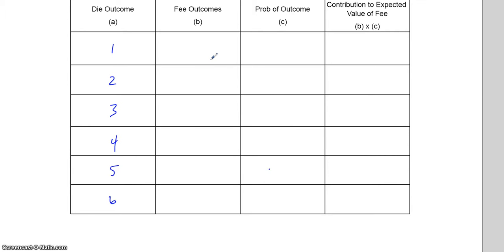But in this case, we're trying to find the expected value of the fee, so we have to translate those die outcomes into the fee outcomes. All we're really doing here is multiplying by 3, except for this first row, it's 0 because we get in free. So here it's 6, 9, 12, 15, and 18.